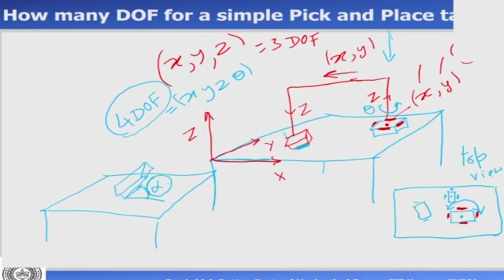So X, Y, Z, theta, and there is one more, alpha. Now suppose I want to keep it with two angles to the surface. This is one angle, and I can keep the rectangle like this also, standing on that edge, on that corner point. So there is one alpha here, and there is another angle there. Let's call it beta. So it is making two angles with the surface of the table.